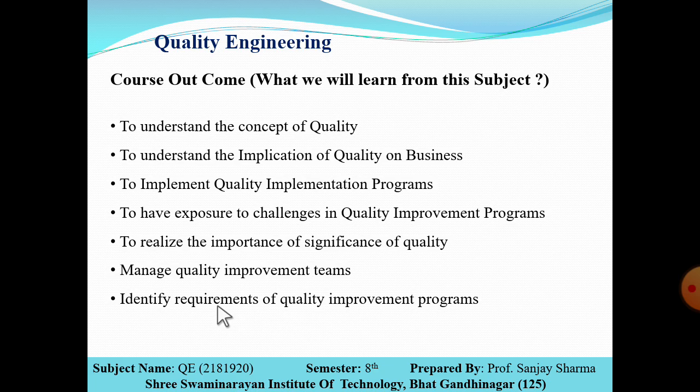If you are going to implement some quality improvement program in your industry, then it's very important that you have gone through this subject. If you have not gone through this subject, you will find difficulties, and you will not get the way how I should move ahead to organize a quality improvement program. So these are the 7 points, very important as a course outcome for the subject of quality engineering.